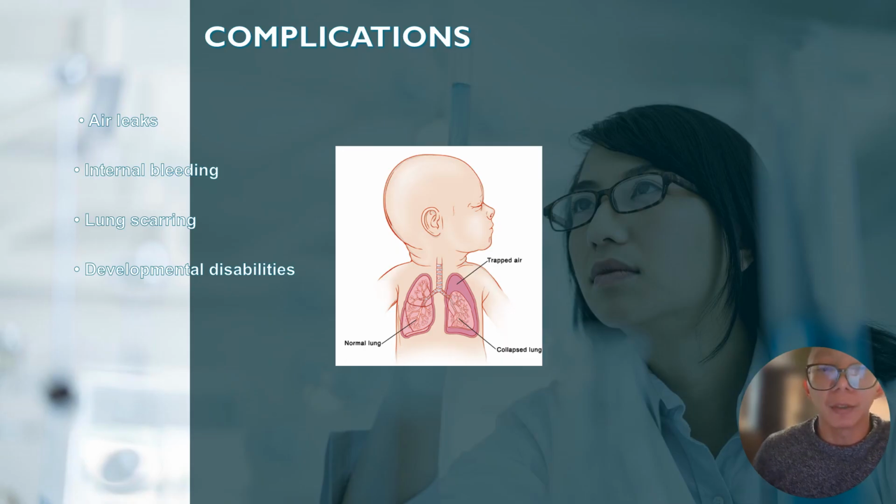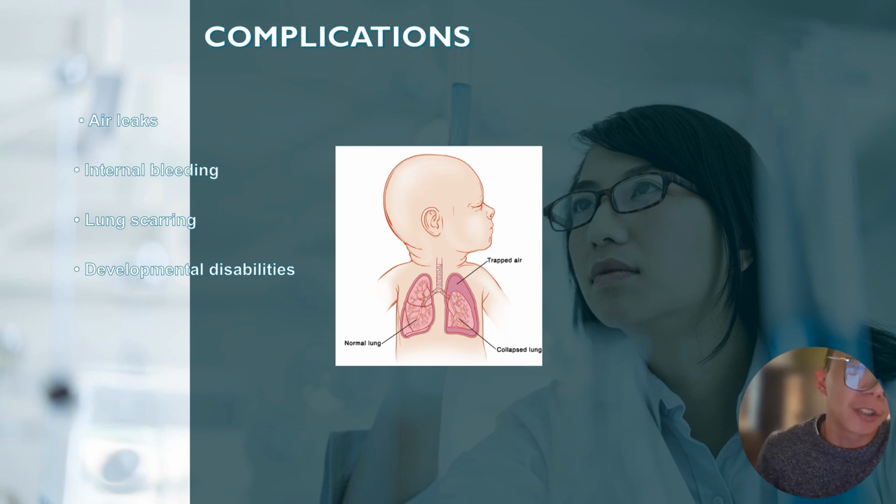Most babies with NRDS can be successfully treated, although they have a high risk of developing further problems later in life. Some of these complications include air leaks. Air can sometimes leak out of the baby's lungs and become trapped in their chest cavity. This is known as pneumothorax.